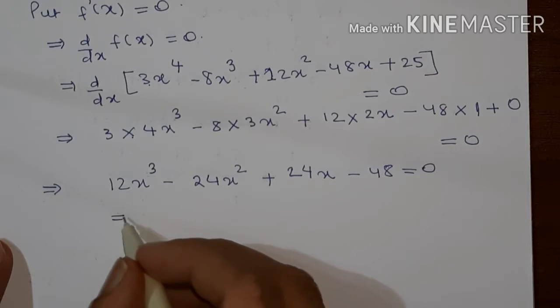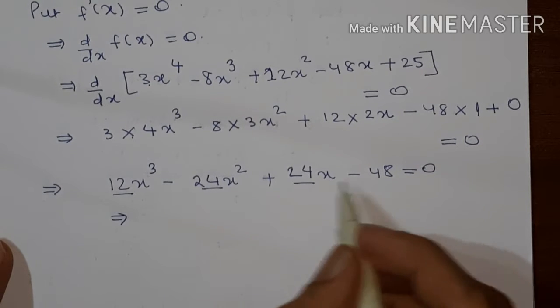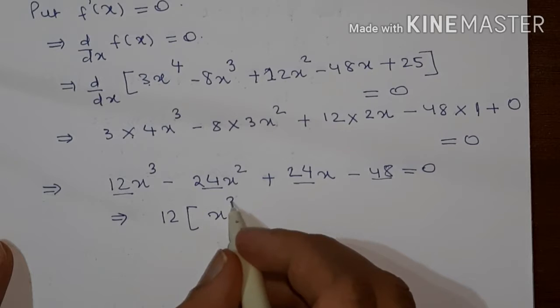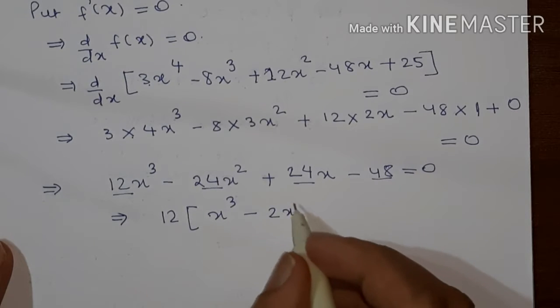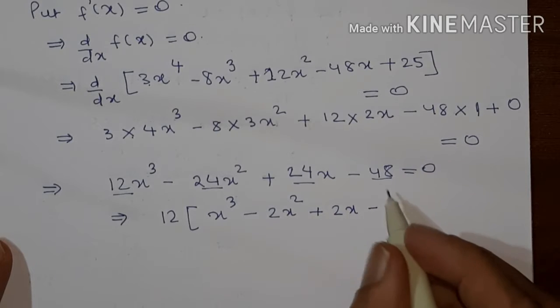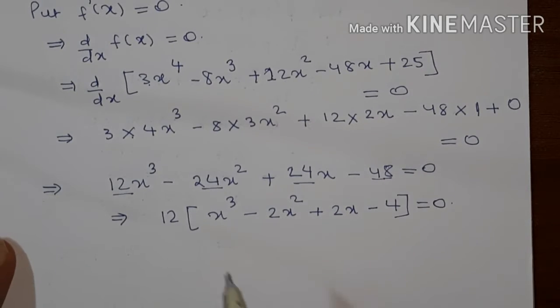Now what we can do here is take 12 common from all these numbers. If we take 12 common, what will remain? x cube minus 2x square plus 2x minus 4, since 12 fours are 48, so 4 will remain, equal to 0.